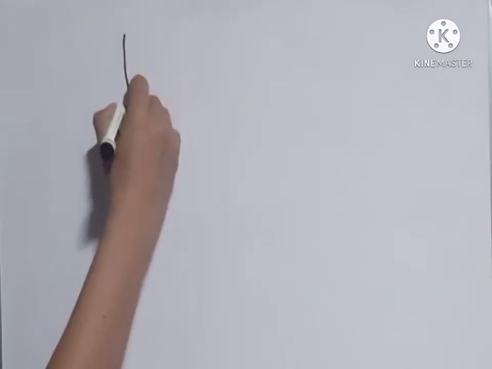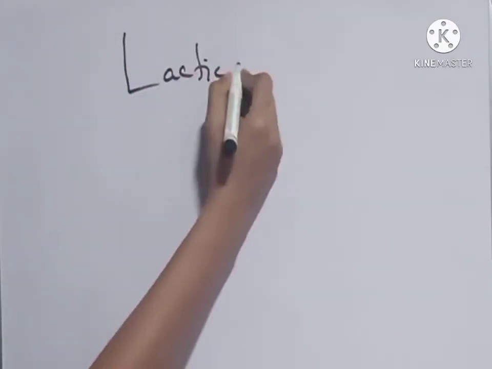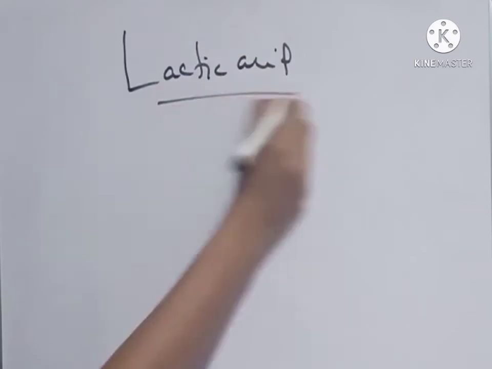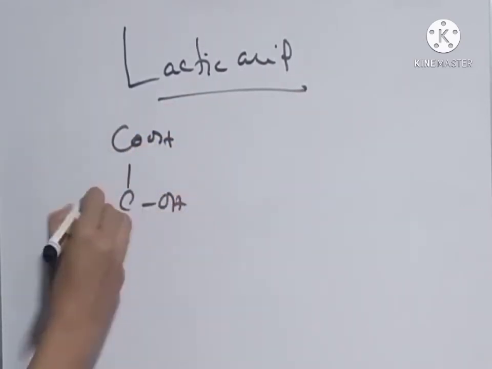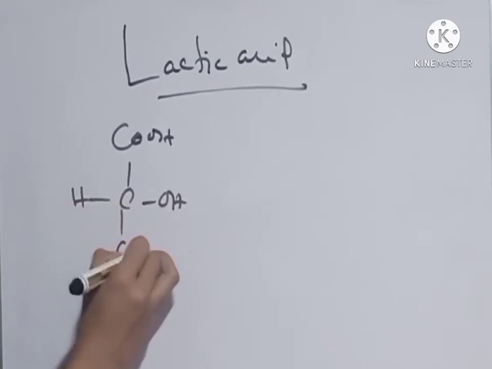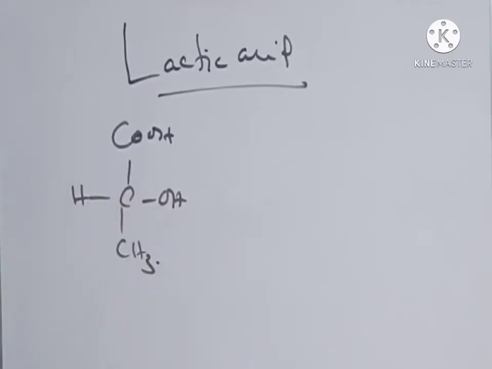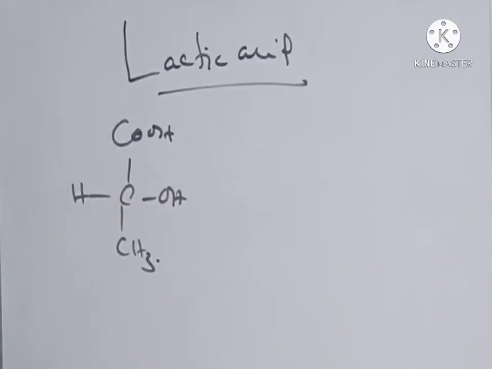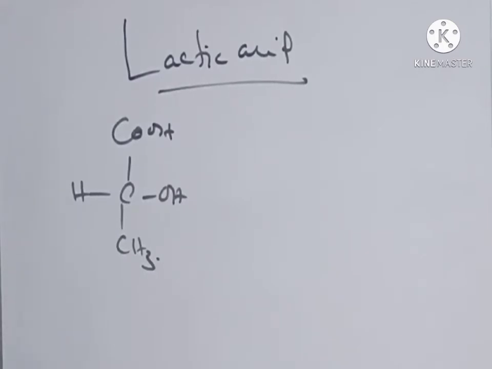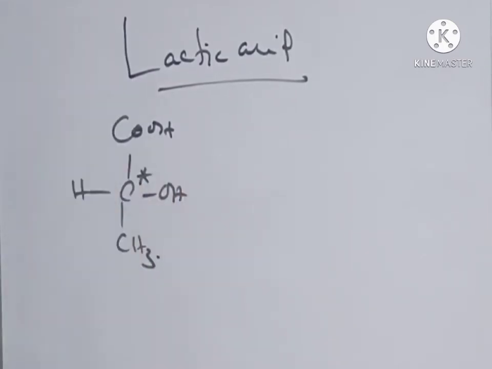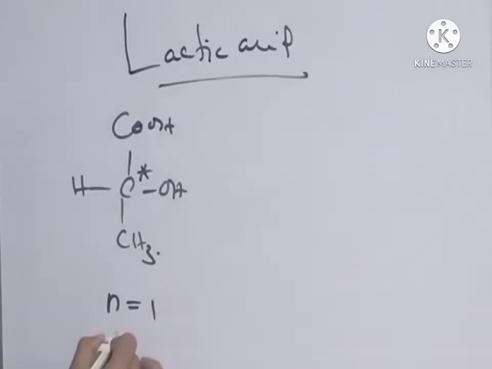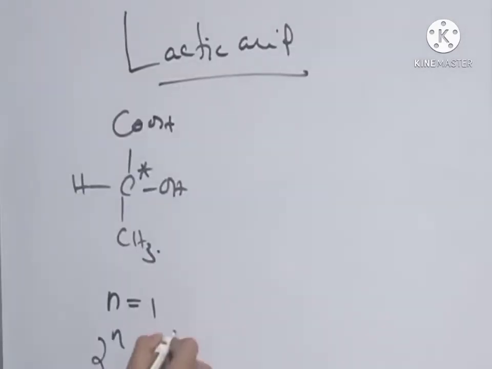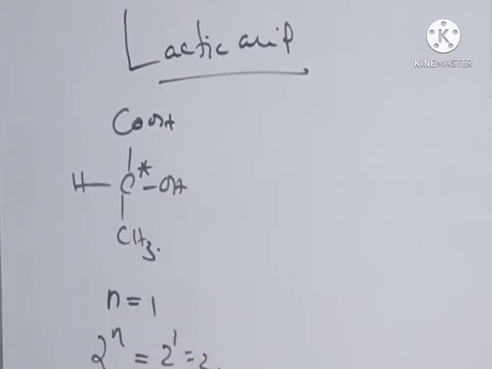The next one is lactic acid. We know lactic acid is COOH, COH, H, CH3. Same as glyceraldehyde, this compound also contains only one stereogenic center, that is n equal to 1, and hence 2 raised to n equal to 2 raised to 1 equal to 2.